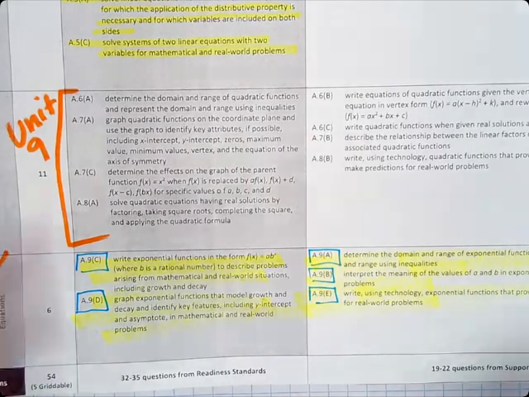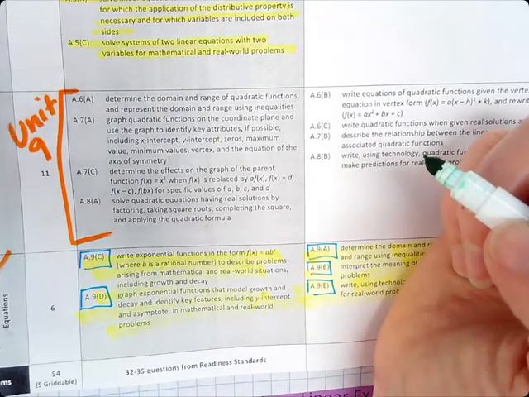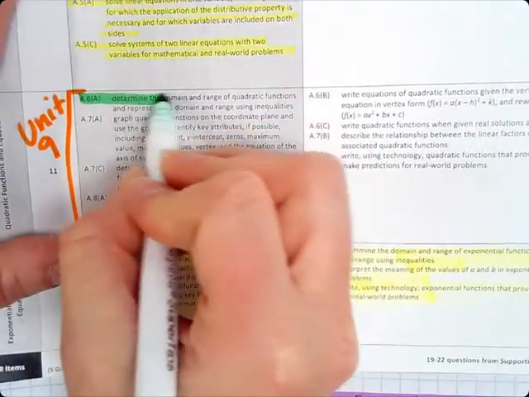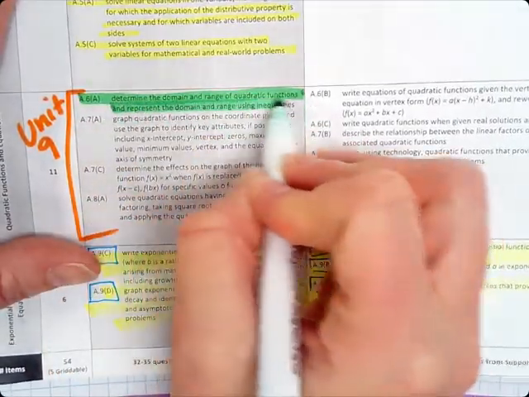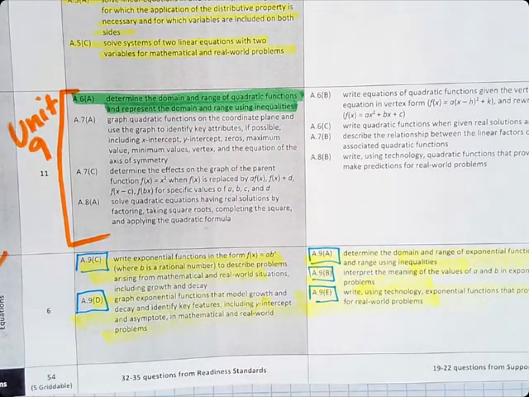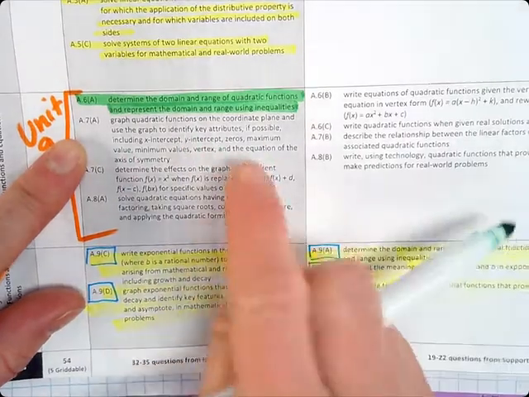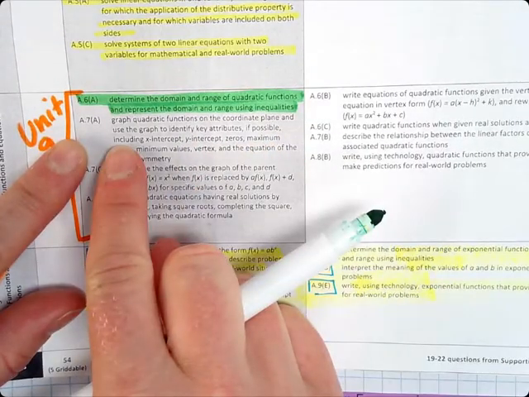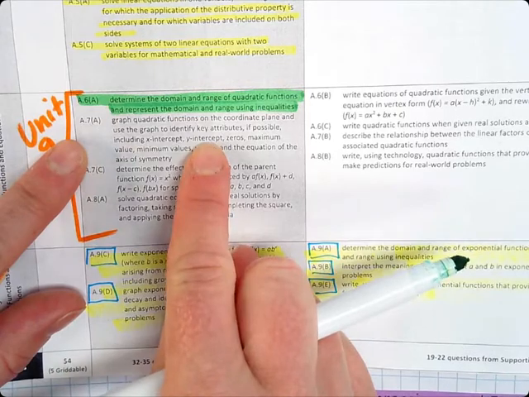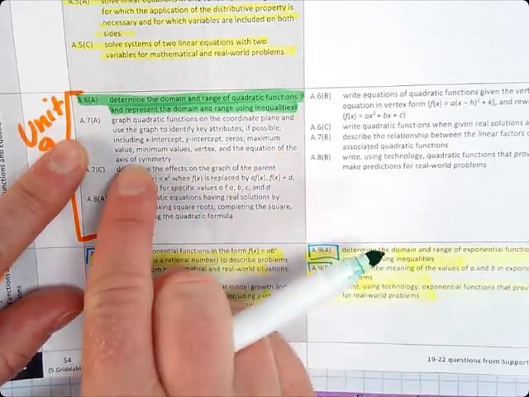A6A says determine domain and range of quadratic functions. We've covered that. The domain of a quadratic is always all real numbers unless they restrict it. A7A, graph quadratic functions and identify key attributes: x-intercept, y-intercept, zeros, maximum, minimum, vertex, and the axis of symmetry.